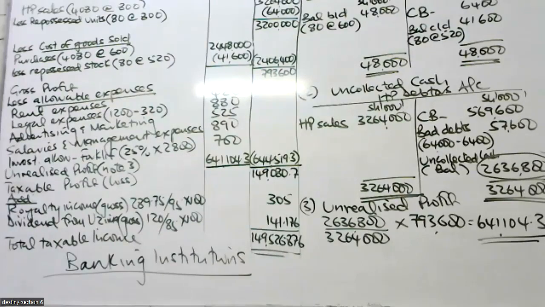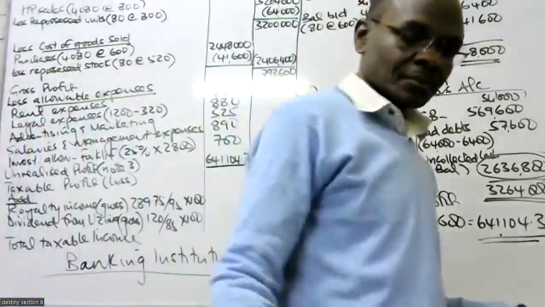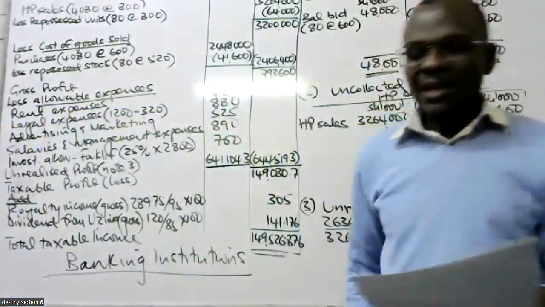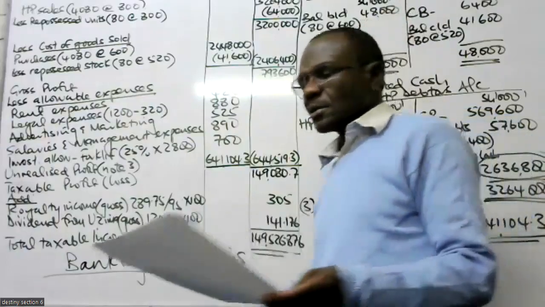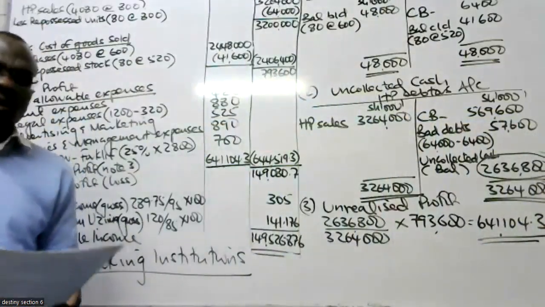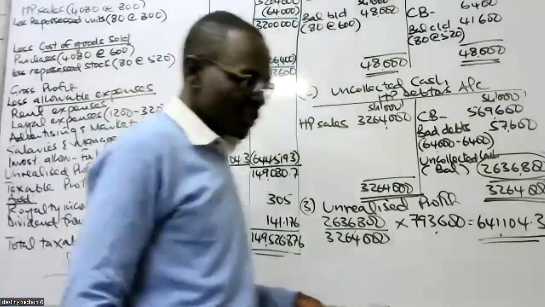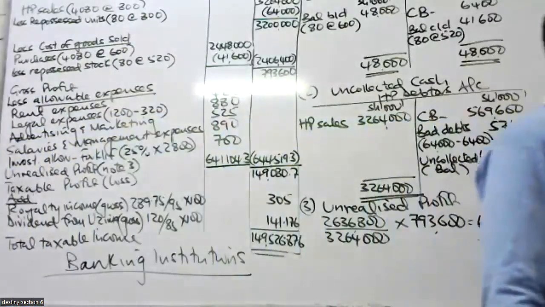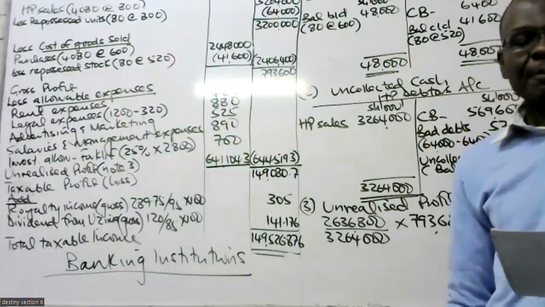Then you say a bank is a financial institution which performs the function of financial intermediation.